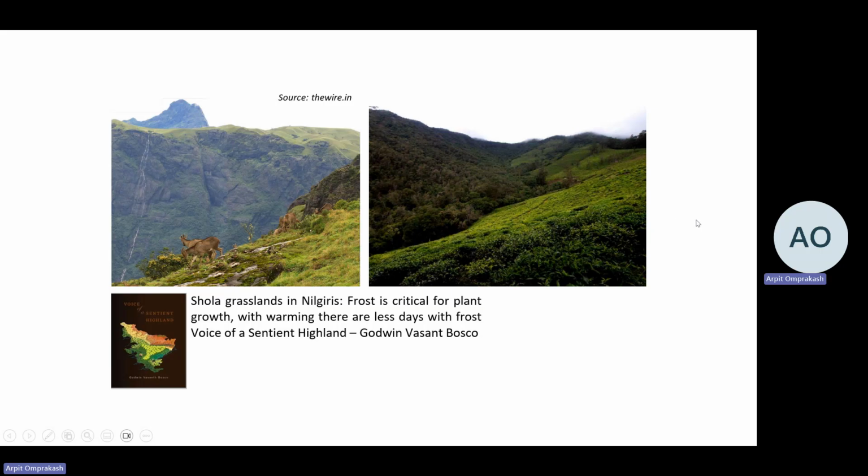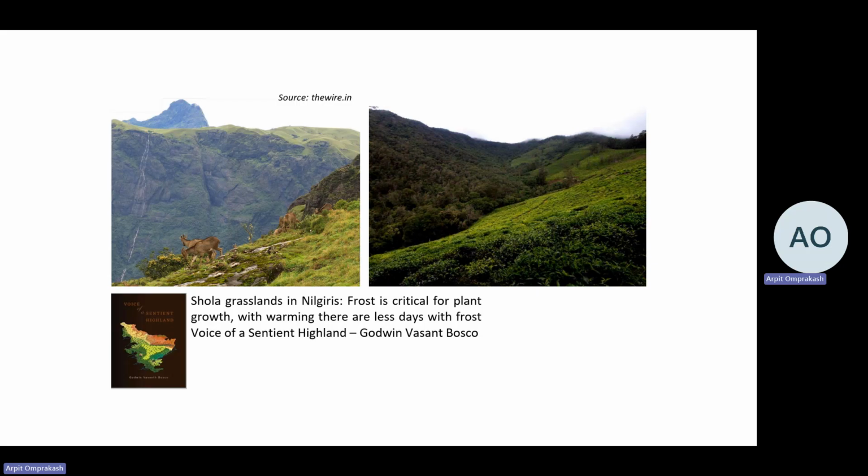The other thing from India is the Western Ghats, where we have a unique kind of landscape called the Shola grasslands, which are in the Nilgiri Mountains.